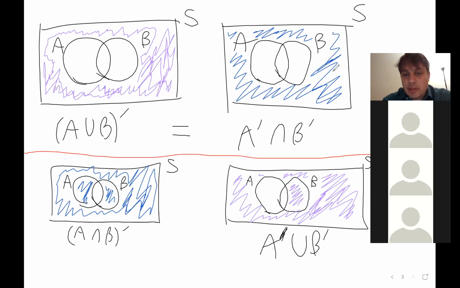That's A prime, right? So that's everything not in circle A. And then union B prime, everything not in circle B. So that includes this also. And so A prime union B prime is the same as A intersection B prime. And so these two sets are also equal. So these two are De Morgan's laws. And so these Venn diagrams are showing that the two De Morgan's laws hold.